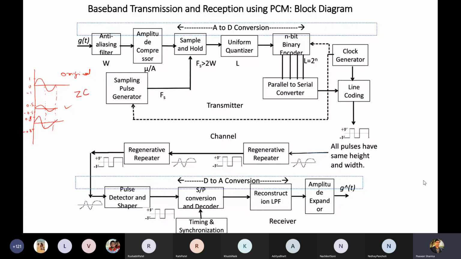ZC. What is ZC? Sir, zero phase crossing. Yes. So phase change means the zero crossing actually deviates from its normal position. But in this case, though the signal level is less, it decreases, but it passes from the same zero crossing points. Whereas in this case, it is not so.